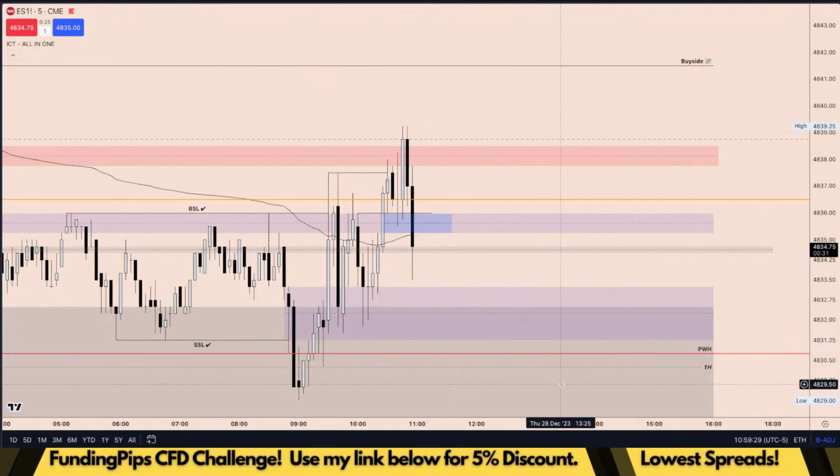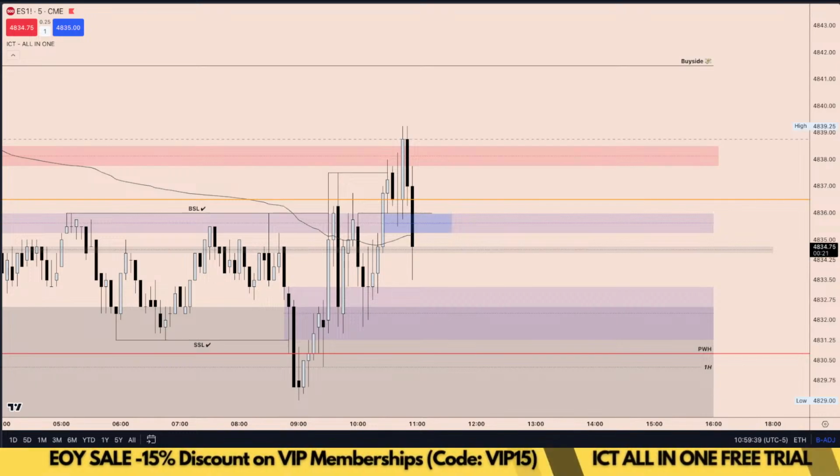So let's see, we have about 30 seconds remaining on this 5-minute candle and on this hourly candle. Let's see where that's going to go. Ten seconds to go.